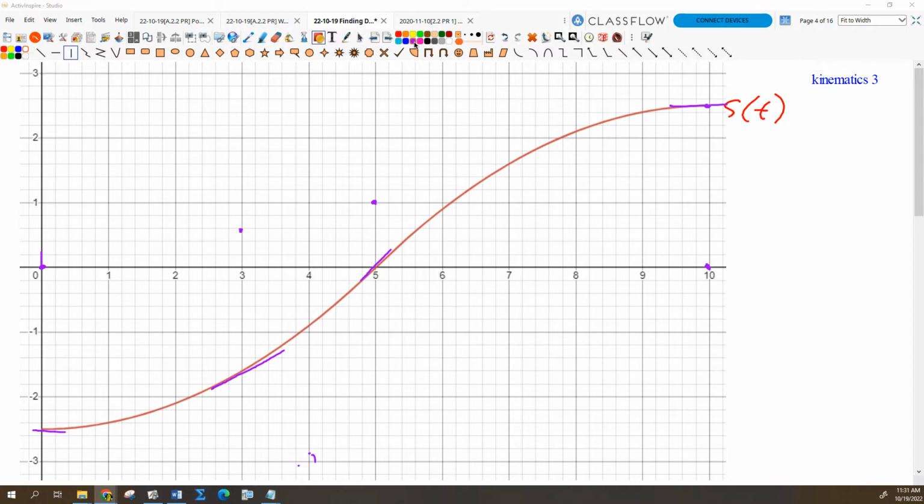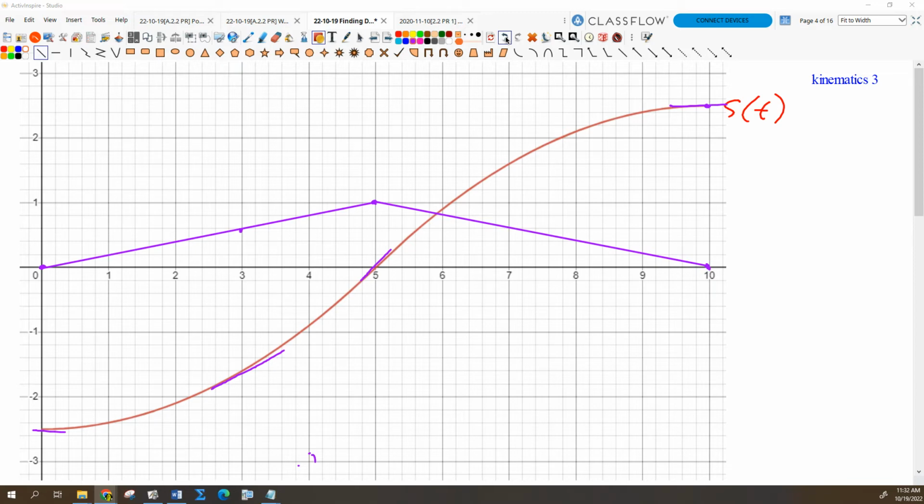Oops, wrong line. Okay. Everybody buy that? Okay. Slopes increase from 0 up to 1. They decrease from 1 back to 0. Okay. That makes sense? All right.